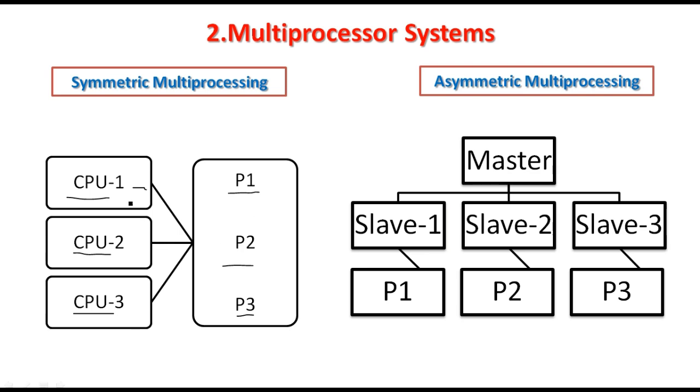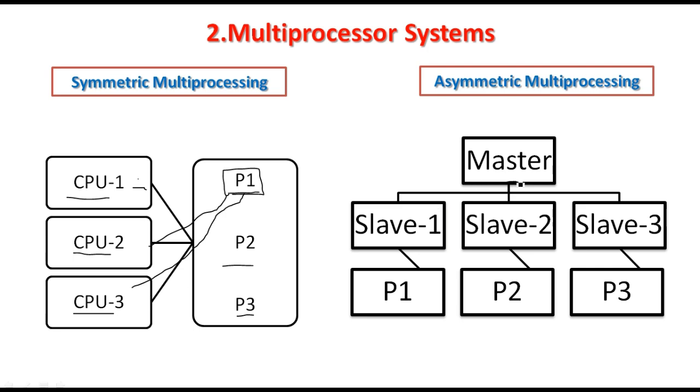They won't distribute their work. CPU 1 will perform some operations of P1, CPU 2 also performs some operations of P1, and CPU 3 also performs some operations of P1. In this fashion, all processors work like peers. There is no master-slave relationship between the processors in symmetric multiprocessing.